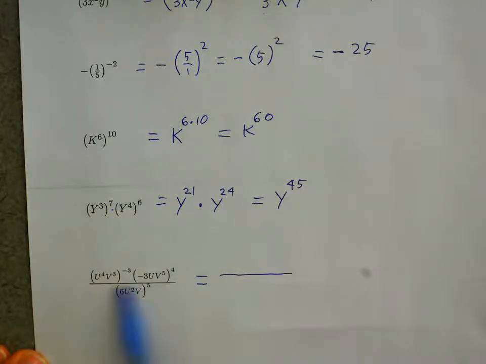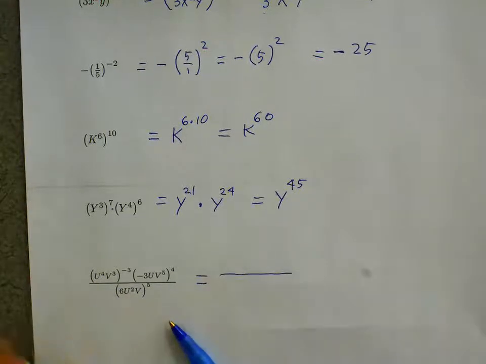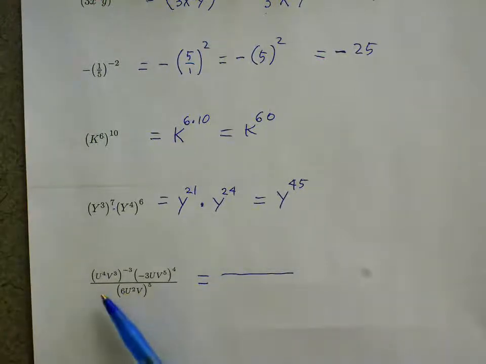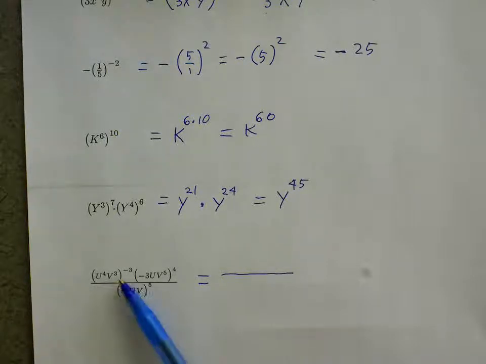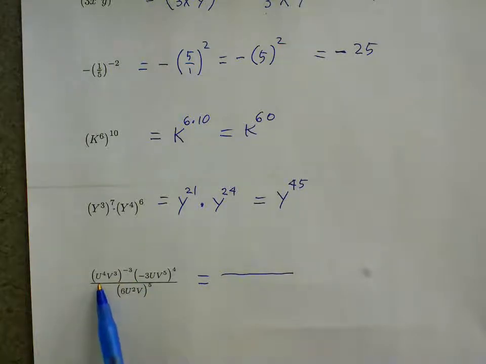That means there's a division bar involved. And in the numerator, we have an expression raised to a negative exponent. So we have u to the fourth, v to the third, which is raised to the exponent -3.